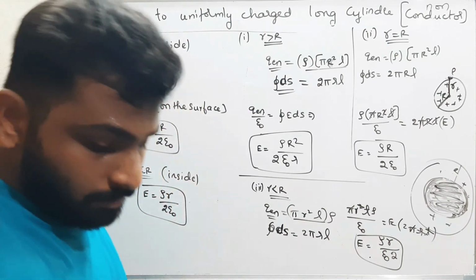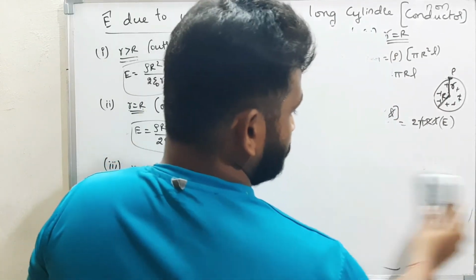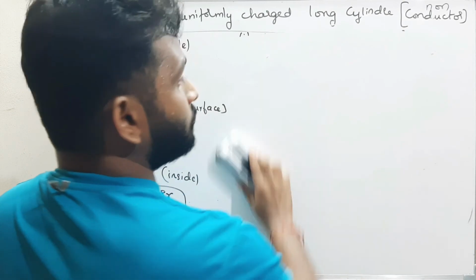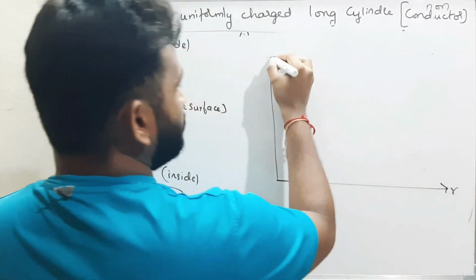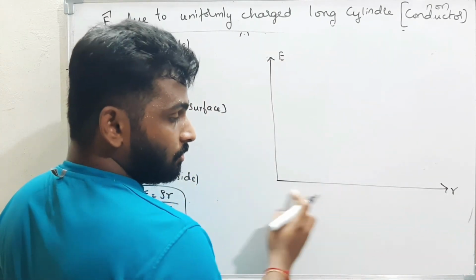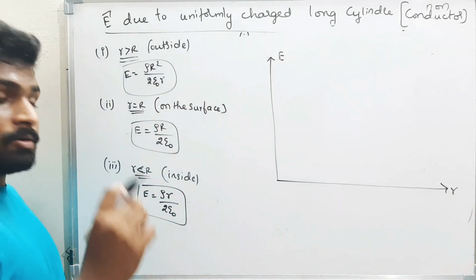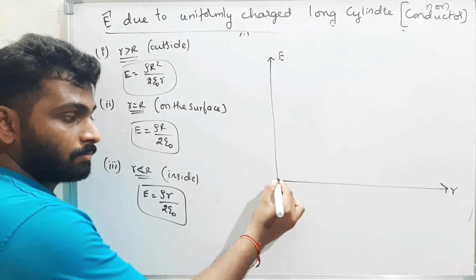Now we will draw the graph. Now see the graph. When small r is equal to 0, what is the electric field? The electric field is 0.